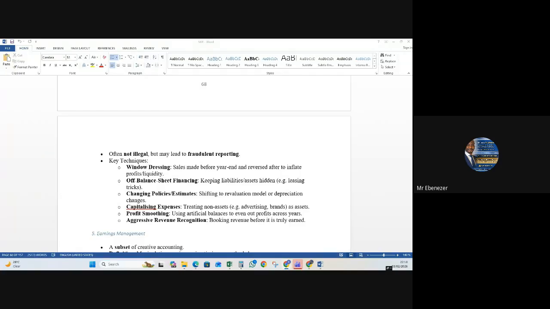Then also we have changes in policies and estimates, when you shift to the valuation model or change depreciation. You can do it, but it will not disclose the true picture of the financial statement, and it will still be permitted.